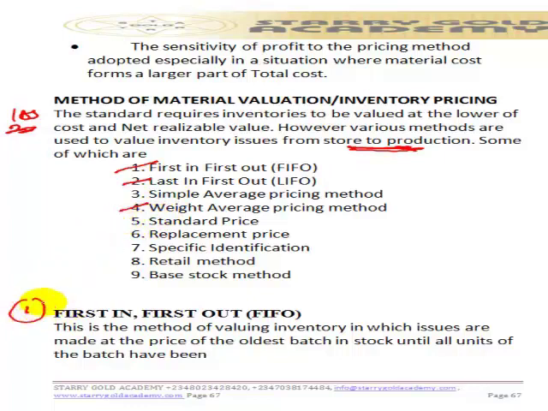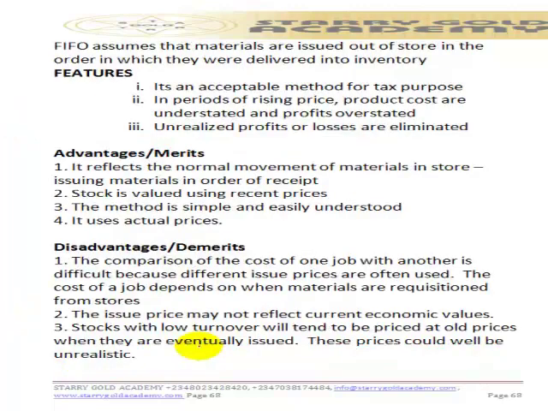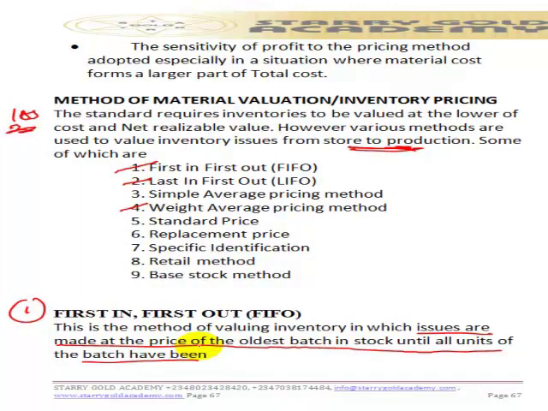Now the first method, first in first out method. This is the method of valuing inventory in which issues are made at the price of the oldest batch in stock until all units of the batch have been exhausted.